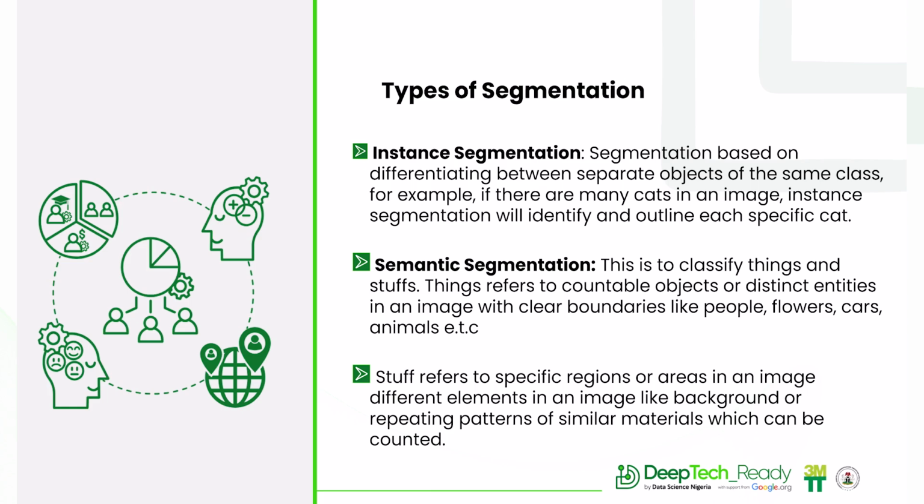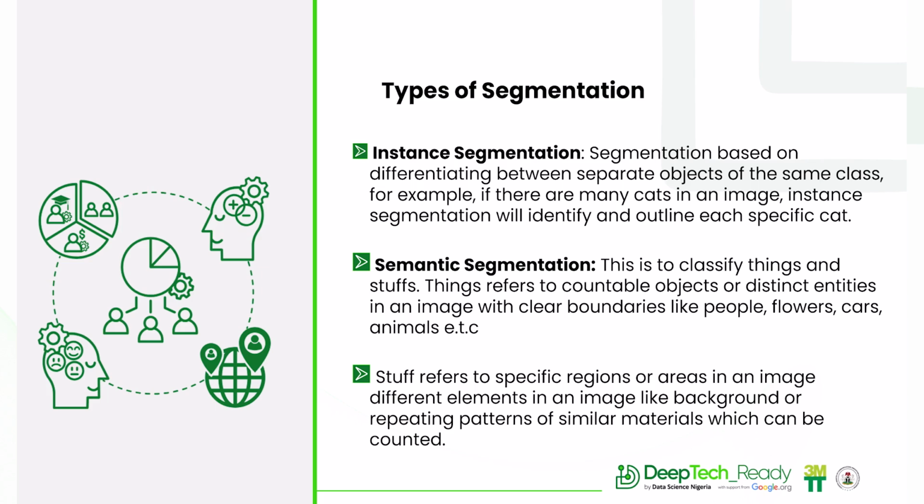Things, in this case, refers to countable objects or distinct entities in an image with clear boundaries like people, flowers, cars, animals, etc. Stuff, in this case, refers to specific regions or areas in an image, different elements in an image like background or repeating patterns of similar materials which can be counted. All right, which can be counted.